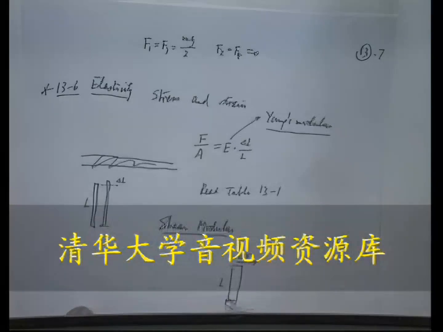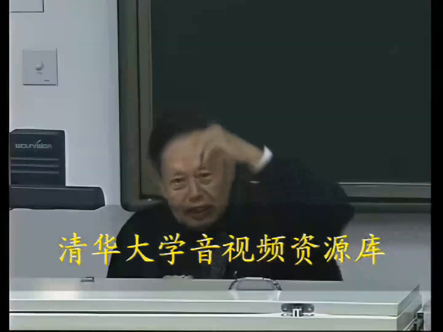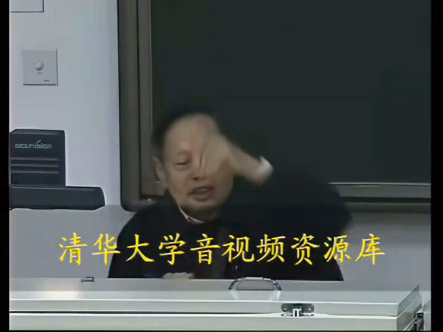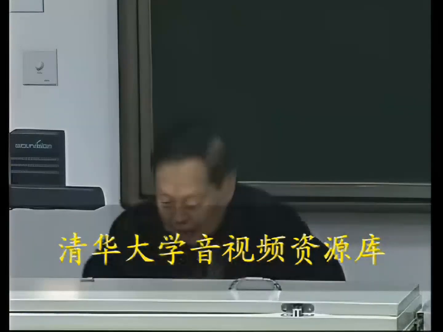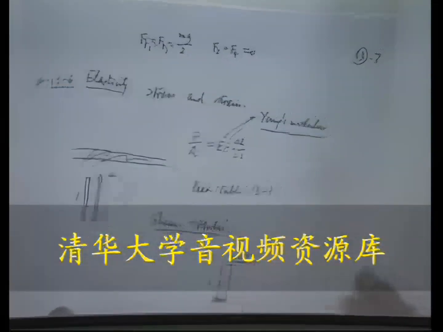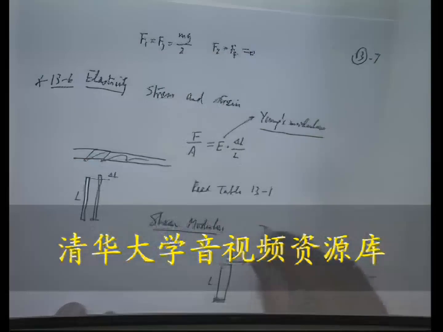You anchor it. This point is clamped, and instead of compressing it or stretching it, you shear it, and this distance is called delta x. In that case, the force per unit area is equal to a shearing modulus times delta x over L.